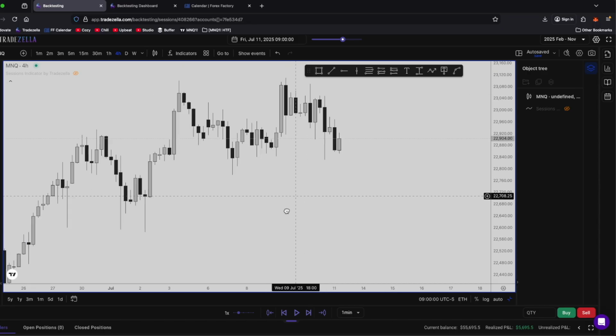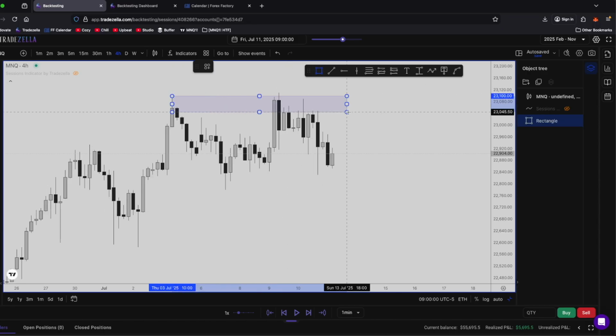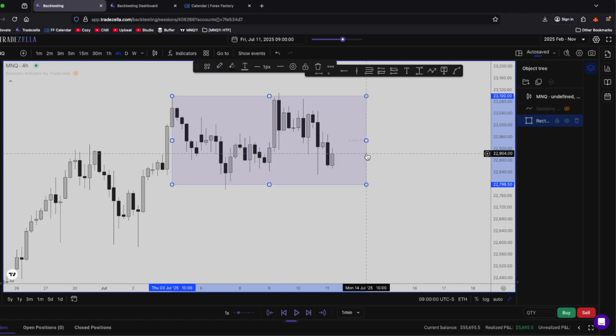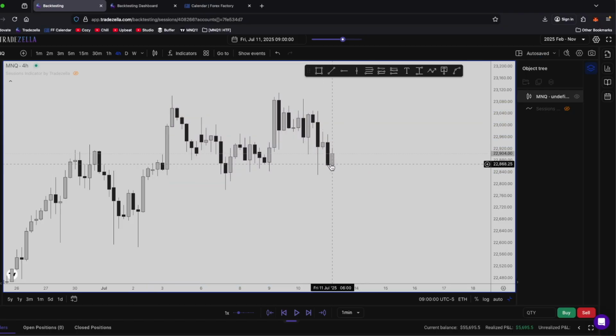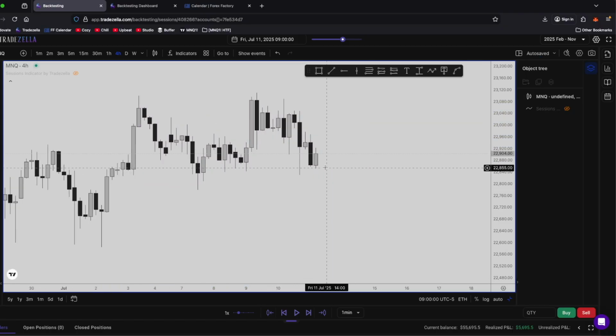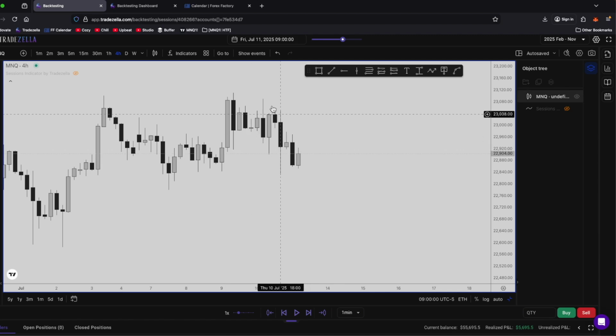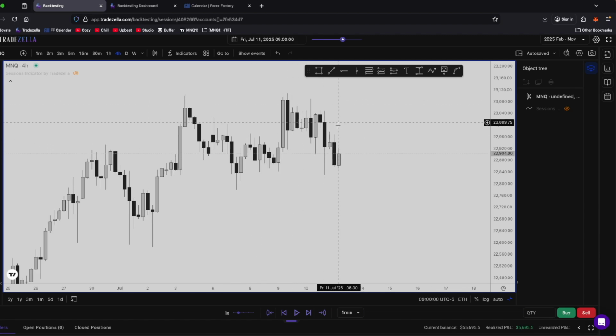So the 4-hour to me is just forming a bit of a range. Let's look for the 2 a.m. candle. Didn't really do anything of significance. We do have trend line liquidity building up. We do have some semi-relative equal lows in this fair value gap here.